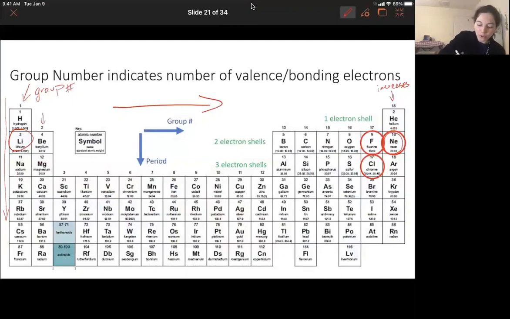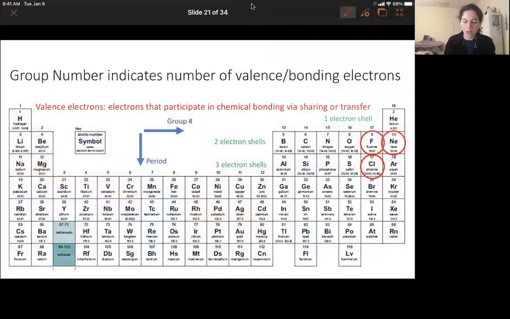These have 2 electrons. Now, this says 13 here, but we're going to skip the transition metals. These have 3 electrons, 4 electrons, 5 electrons, 6 electrons, 7 electrons, and 8 electrons in their outer shell. You can see this when you model things in atom.phys.